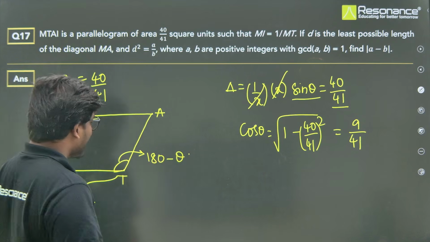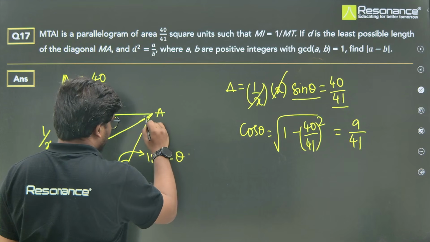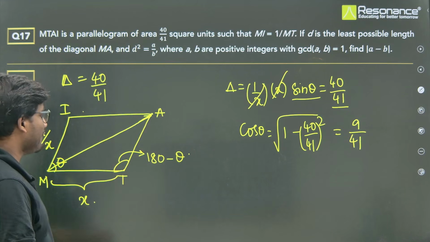Now, since this is 180 minus theta, I'll just go for the cosine rule, or the parallelogram law of addition of vectors.